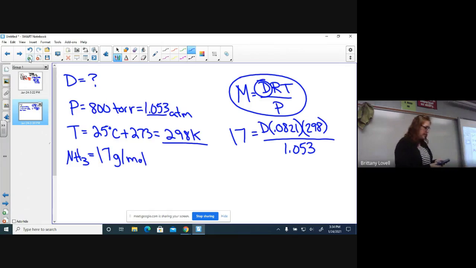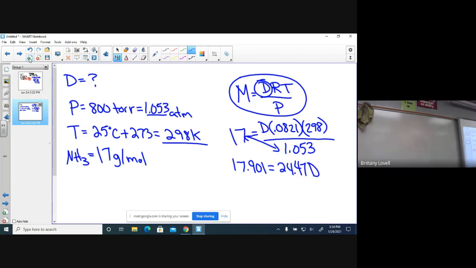Now at this point, it comes down to, can you solve that correctly using your good old-fashioned algebra skills? Of course, we're going to multiply these two together, 17 times 1.053. I got 17.901 is equal to 0.0821 times 298, which equals 24.47, times D. Okay.